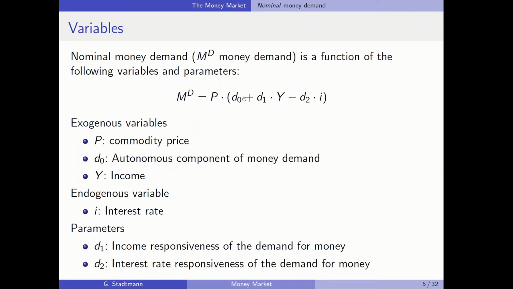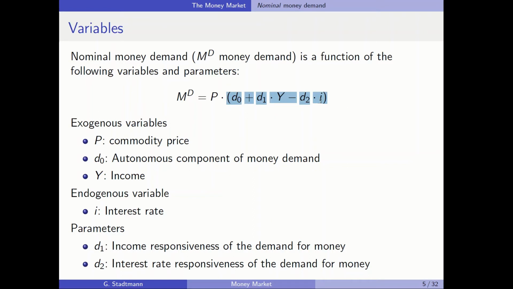Then we have one component, D0. This is the autonomous component. For example, money demand could also depend on wealth, but we are not interested in this relationship, and therefore we are condensing a lot of information into this autonomous component. For example, if wealth is up, money demand should increase, and hence we can increase the autonomous component.